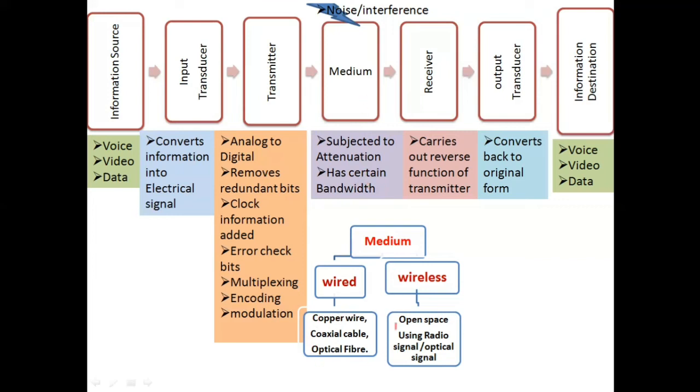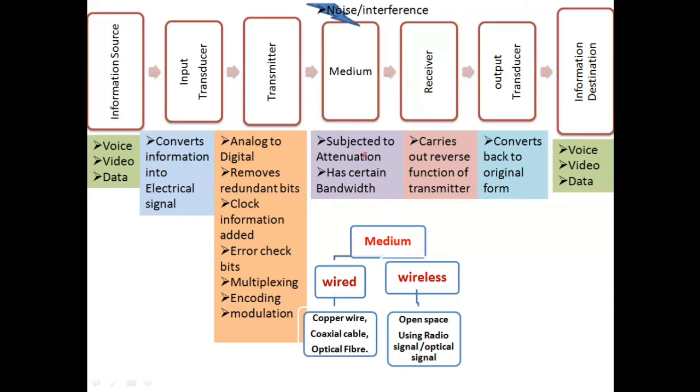Another one is that each media, among the different types of media we have, has its own bandwidth. This is the user information carrying capacity, usually expressed in bits per second for digital signal transmission. And for analog signal transmission, we usually express the bandwidth in hertz.